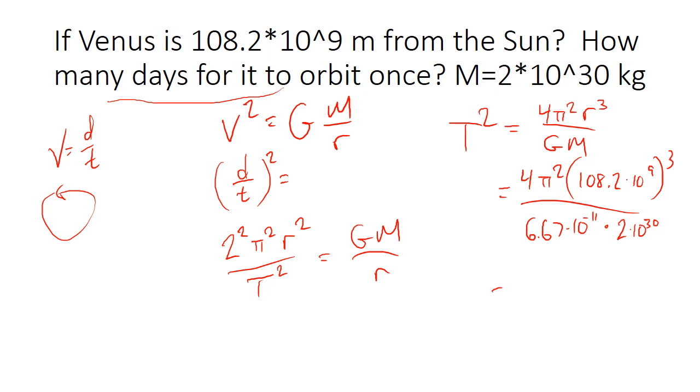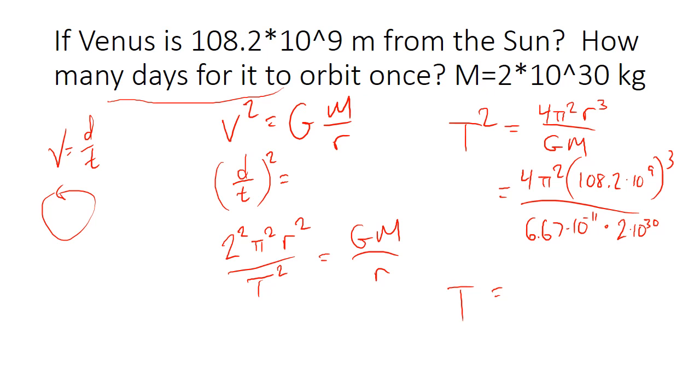So we have to type this whole thing in and square root it. So 4 pi squared, not often you do a pi squared, times 108.2 times 10 to the 9 cubed, divided by 6.67 times 10 to the negative 11, divided by 2 times 10 to the 30.